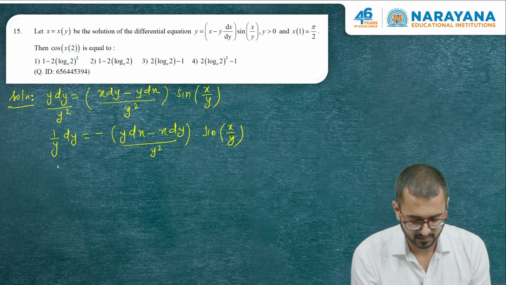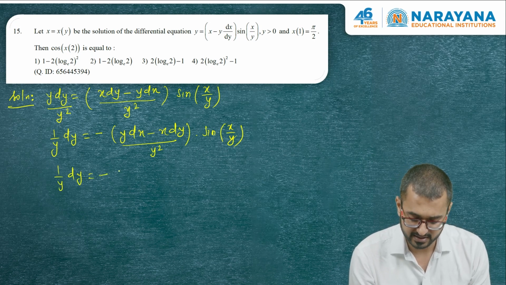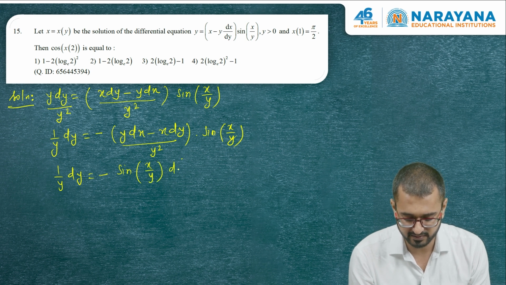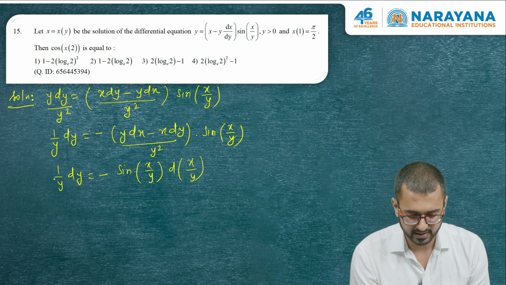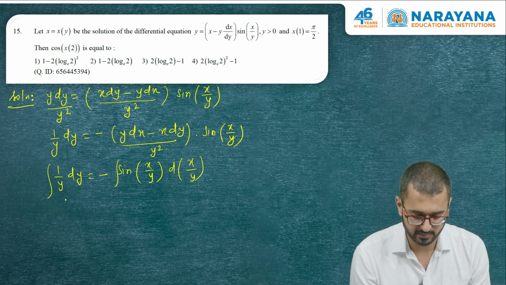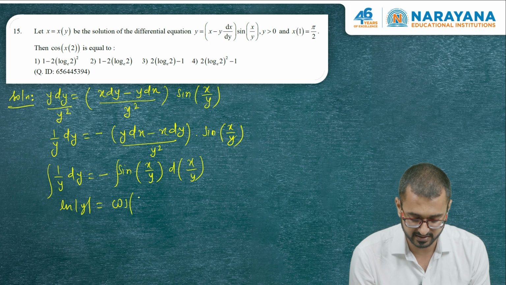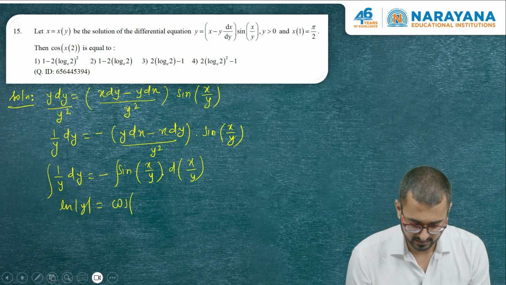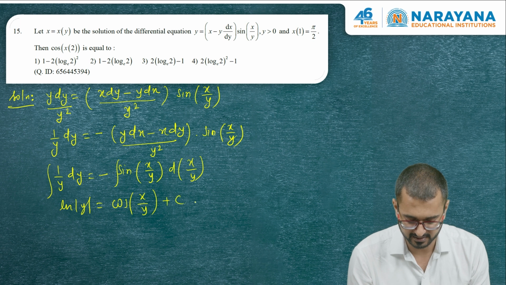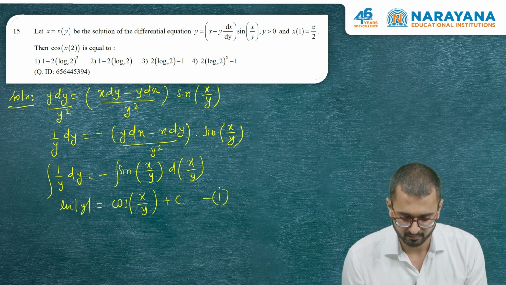This I can write down as 1 over y dy is equal to minus of sine of x over y, and this is the derivative of x over y. So I can integrate now on both sides. So I'll be getting ln y is equal to, sine integration is minus cos, so both minuses will cancel each other. So we get just cos of x by y plus c, call this 1.